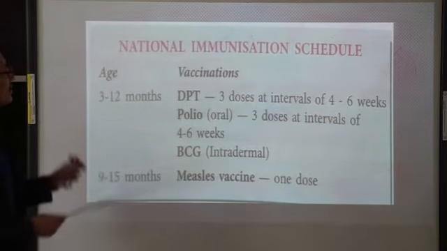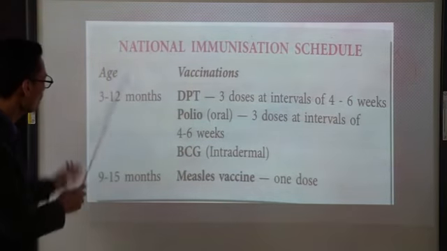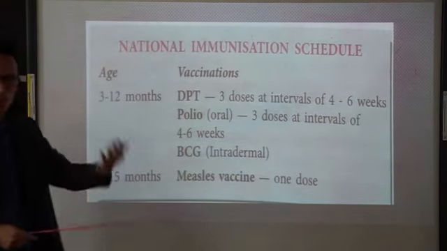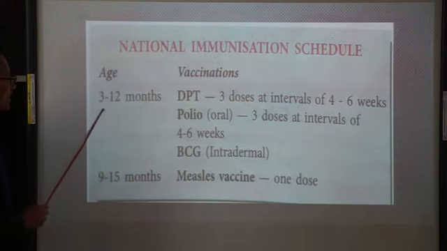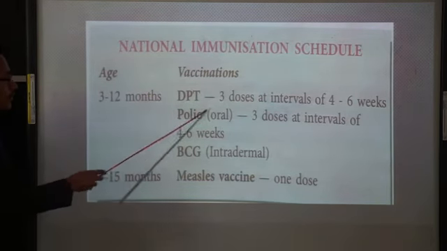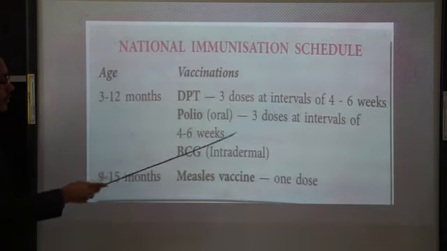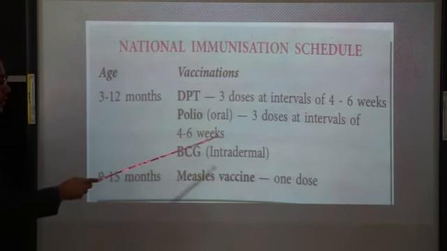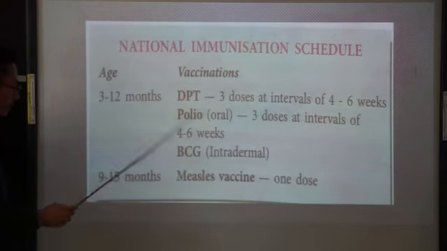Now let's see the national immunization schedule: age and vaccination. They have to go through it. At the age of 3 to 12 months, vaccinations will be done: DPT, 3 doses at an interval of 4 to 6 weeks; polio, oral, taken by mouth, 3 doses at an interval of 4 to 6 weeks; BCG, intradermal, of the skin.